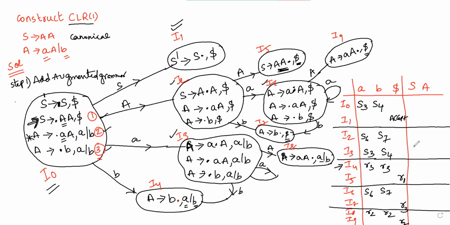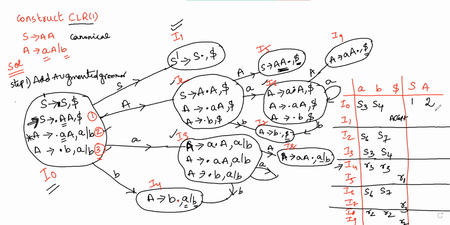Now this is the construction of the table. Now write the capital S and capital A values also. I0 on capital S goes to 1, so write 1. I0 on capital A goes to 2, so write 2.